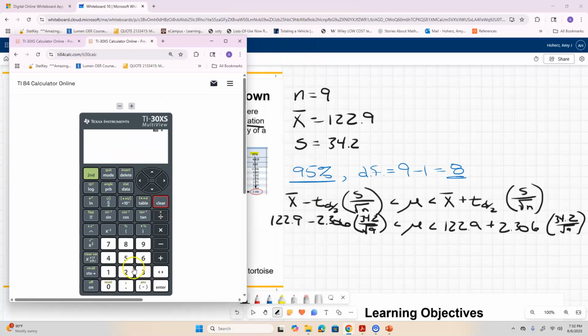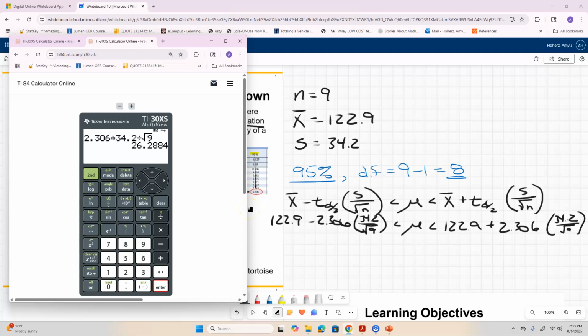All right, so we have 2.306 times 34.2 divided by square root of 9. Or if you know square root of 9 is 3, you could just put in 3. I'll go ahead and do square root 9. Enter. Now you only need the same number of decimals that your mean is rounded to.